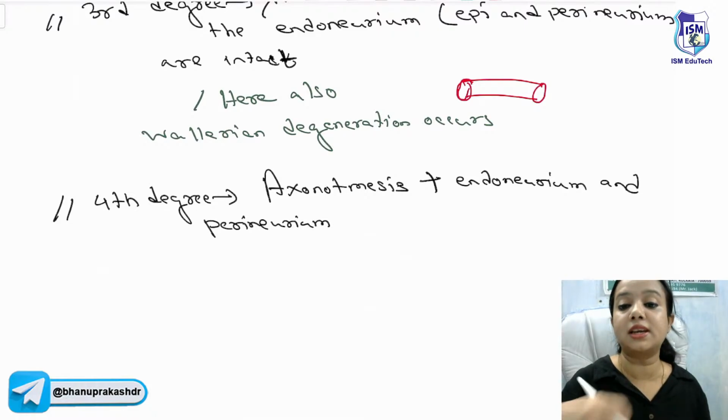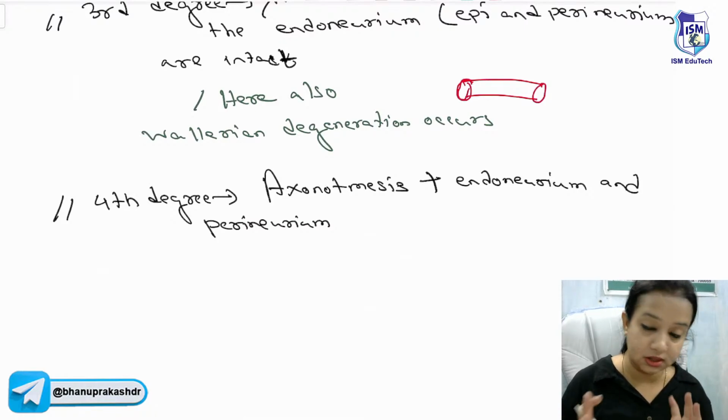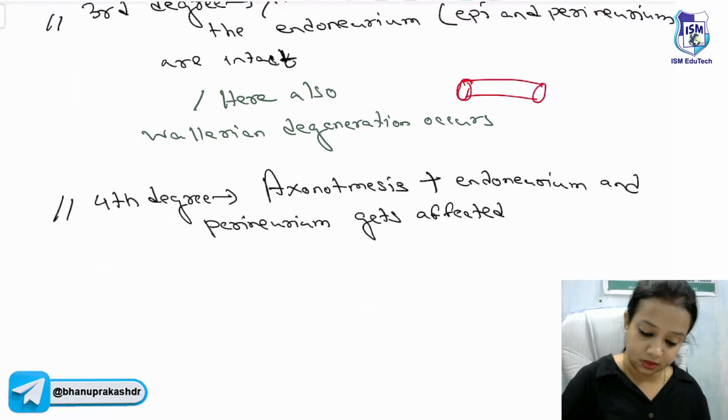Perineurium means the second layer of the connective tissue that is covering the fascicle, a bunch of nerve fibers, right? So axonotmesis plus endoneurium and perineurium gets affected. Okay.